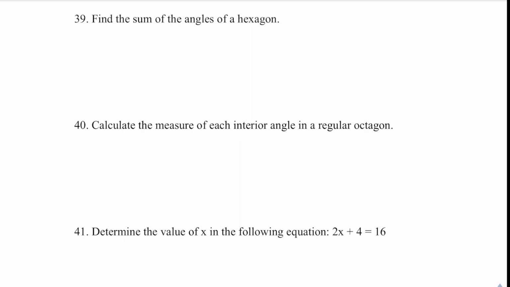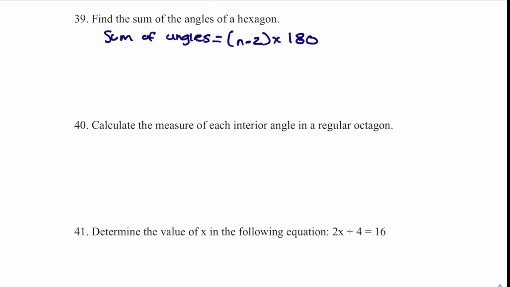(39) Find the sum of the angles of a hexagon. So our equation for this, and I would say the best thing to do is write down these equations and have them on flashcards because you will need to memorize them. So sum of the angles equals n minus 2 times 180, and n is the number of sides.